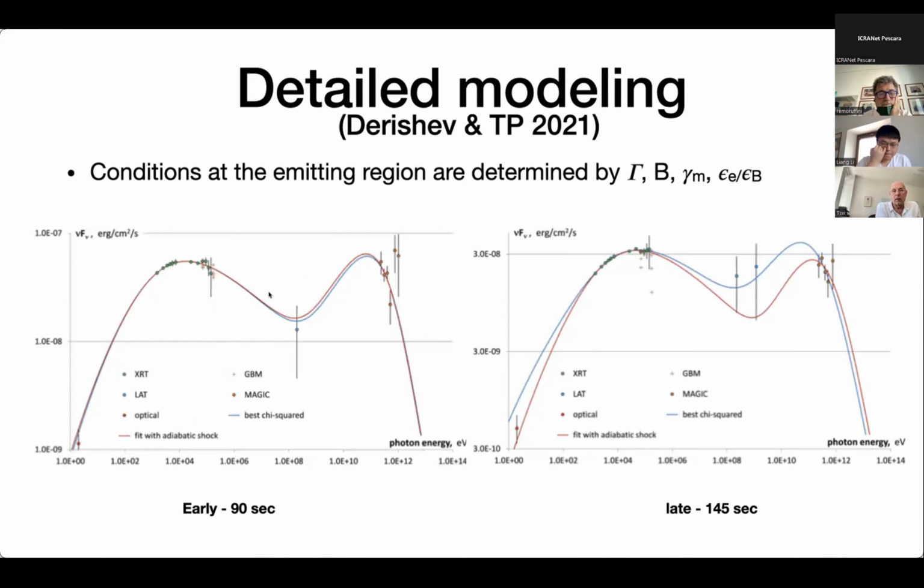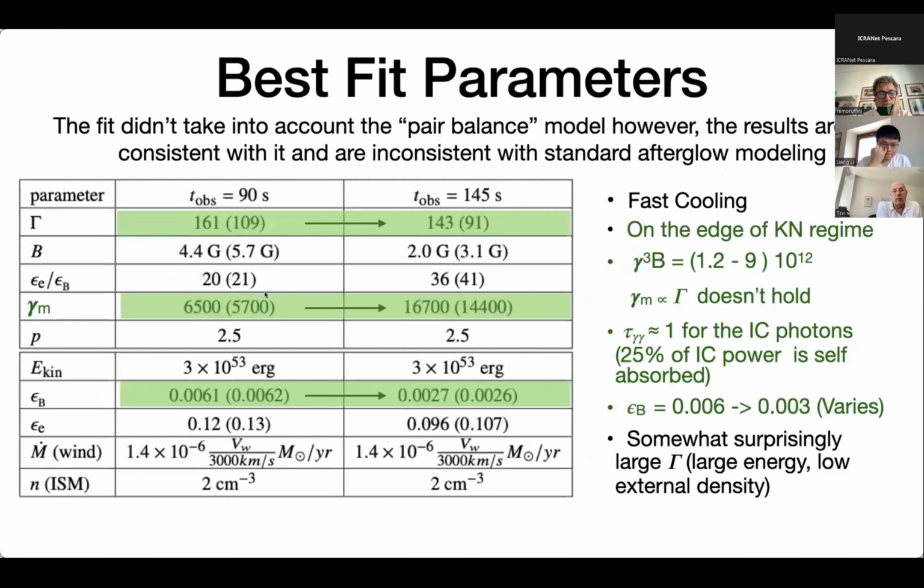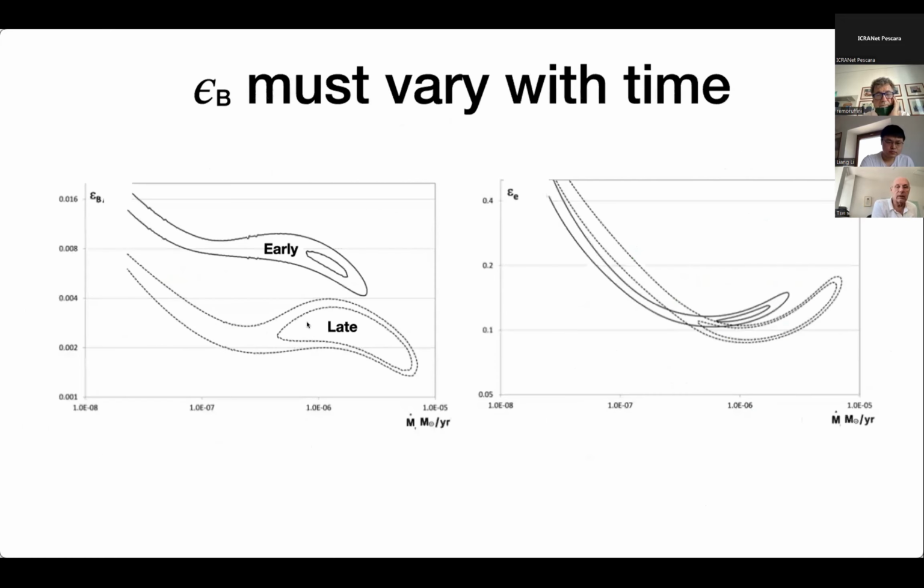These are the parameters: the bulk Lorentz factor, the Lorentz factor of the accelerated electrons, and so on. There are some surprises here, but I don't have time to discuss them.